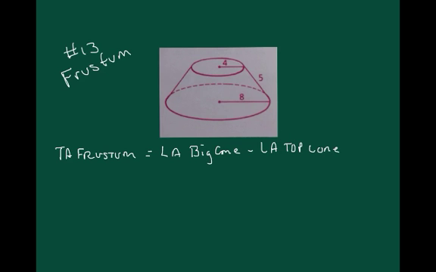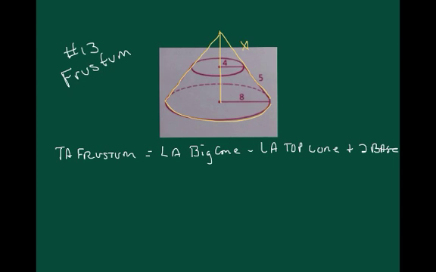And then we have the relatively easy task of adding on the two bases, which are just circles. So the lateral area of the big cone is going to be this cone here, that if we were to draw it back in, you could see that we can figure out the dimensions through similarity.